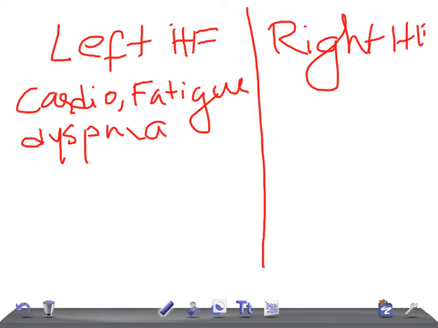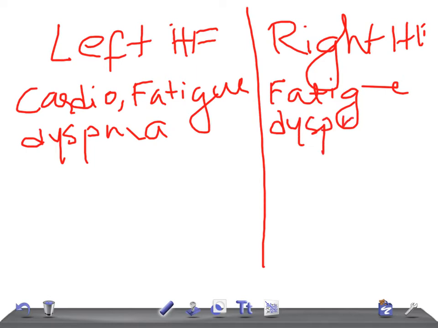Similar features can be seen in right-sided failure, but the important thing you should remember is the order. Here in left-sided failure, initially you get cardiomegaly, fatigue, and dyspnea, whereas in right-sided failure you get fatigue, dyspnea, and then cardiomegaly.